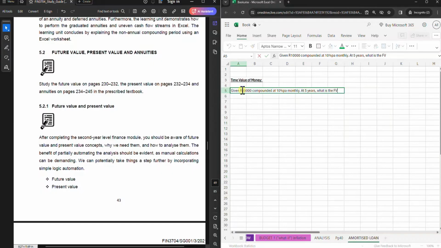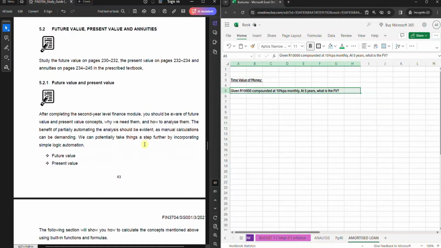Okay, do you have your financial calculator close by? I do. Okay, can you quickly work this out on your financial calculator? Okay. What's the future value?